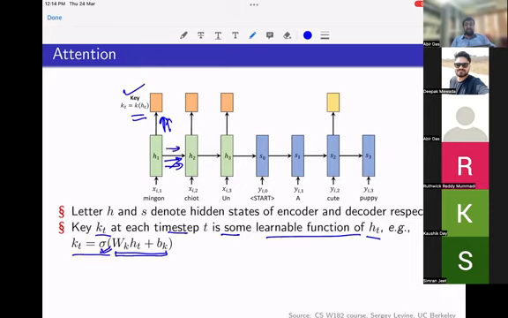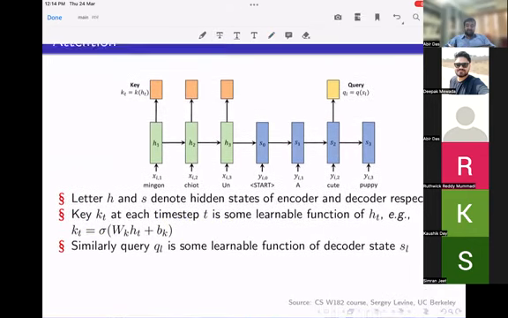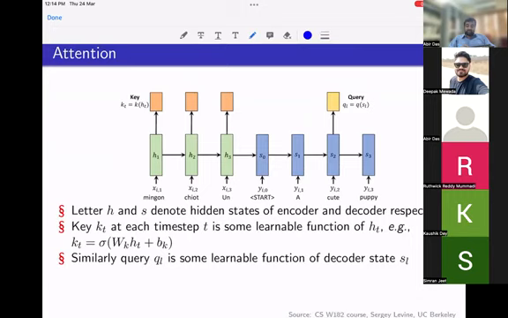One gives the next hidden state, another gives this key. Now, similarly, the query QL is some learnable function of decoder state SL. One important thing, I've changed the notation a little bit again just to avoid confusion. L is now my time index for the decoder.